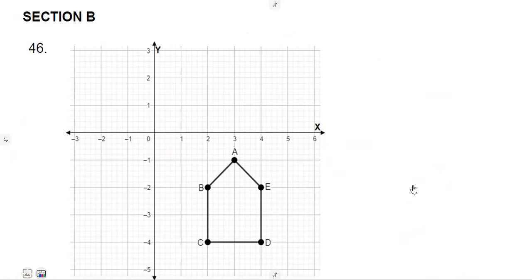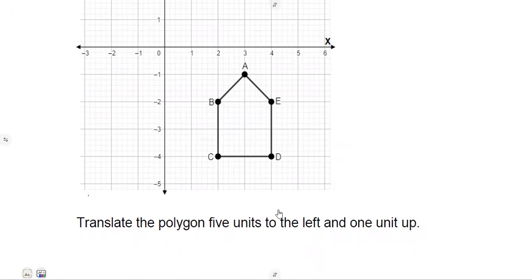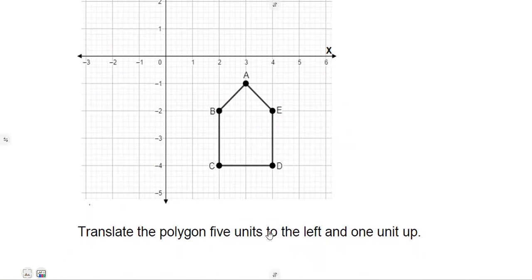Question number 46, where we are given a diagram, and on that they said, translate the polygon here, 5 units to the left and 1 unit up. So you move 5 to the left, then you go up after that. You can even do it by just moving 1, 2, 3, 4, 5 according to the scale.